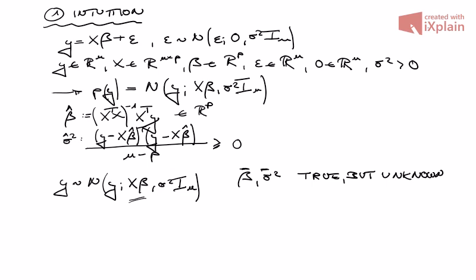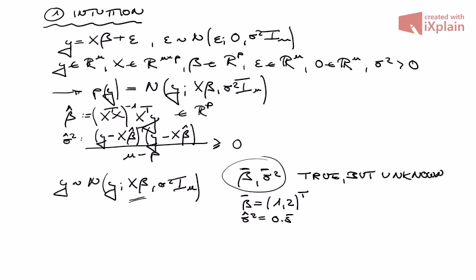So these are parameter values. For example, if you are in the simple linear regression case, you know that the beta is two-dimensional. So this, for example, would be true but unknown values for the beta parameter, 1 and 2. And this would be a true but unknown value for the variance parameter.